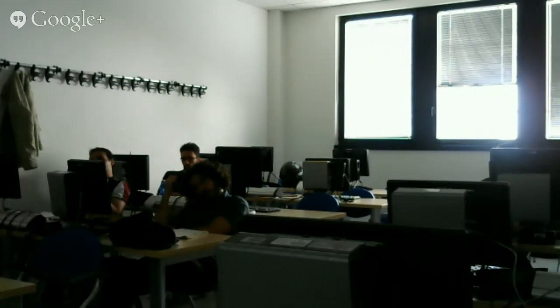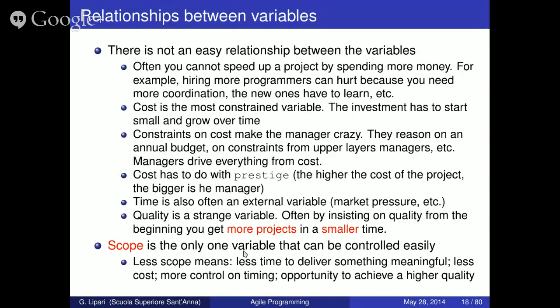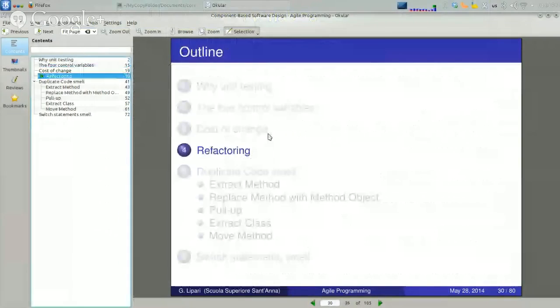So again, here I wrote, scope is the only variable that can be controlled easily. Less scope means less time to deliver something meaningful, less cost, more control on timing, opportunity to achieve a higher quality.